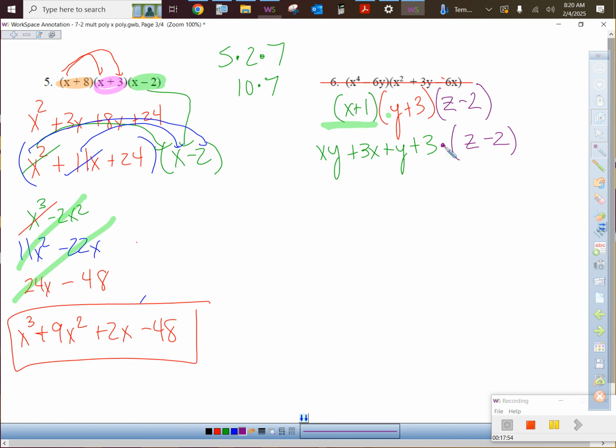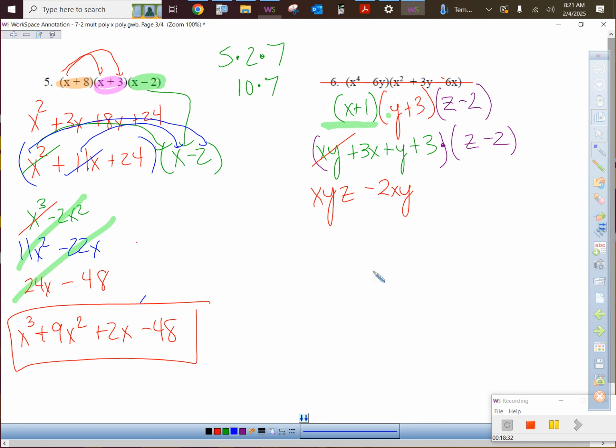4 dudes times 2 dudes. How many dudes should you get back? 8 dudes. Multiply it out, please. So xyz minus 2xy. Done with it. Then I'm going to do a modified stack.